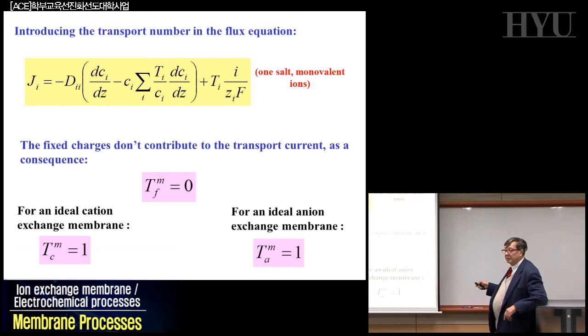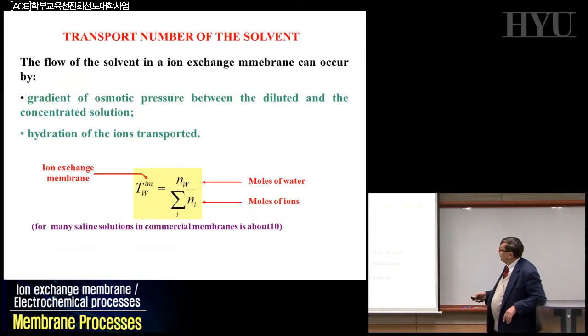The fixed charges don't move, so they don't contribute to any current, and the transport number for these fixed ions is 0, and vice versa. For an ideal cation membrane it is 1 for the cations, and for an ideal anion membrane it is 1 for the anions going across. So that is the definition we have to remember.